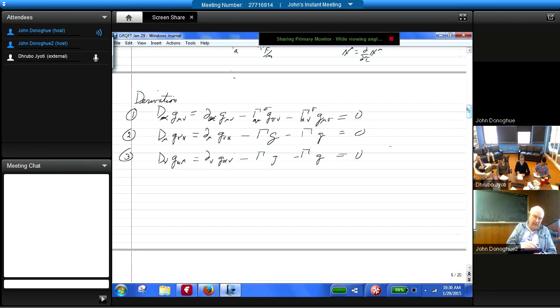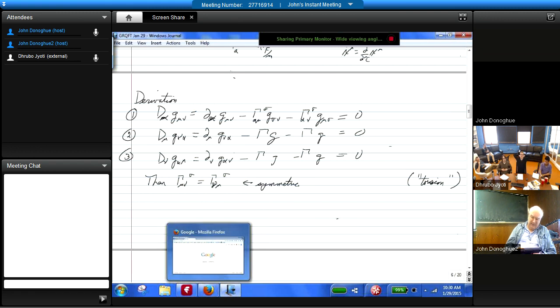Okay, so let's not fill in all the equations, but you can do it. Then we choose gamma mu nu sigma to be symmetric, gamma nu mu sigma. Again, that's a choice at this stage. We'll relax it later, and I'll say the code phrase is torsion when I relax it, but let's keep it now.